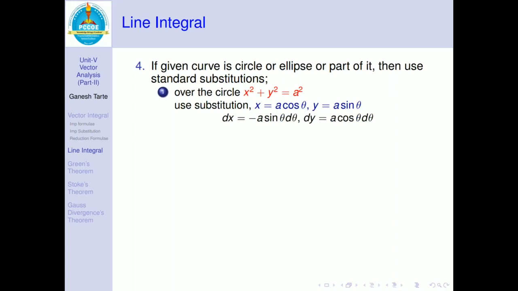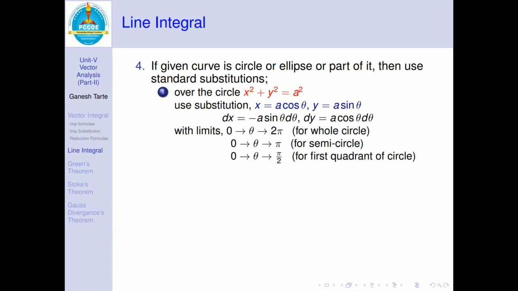So dx is minus a sin theta d theta, dy is a cos theta d theta. For the whole circle we take limits of theta from 0 to 2 pi, for a semicircle 0 to pi, and for the first quadrant of the circle we take 0 to pi by 2.